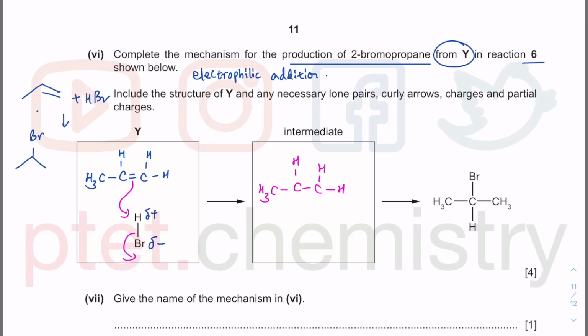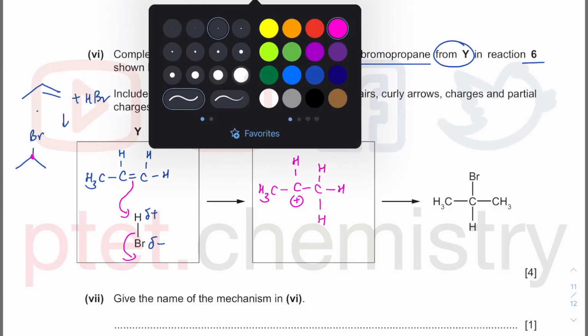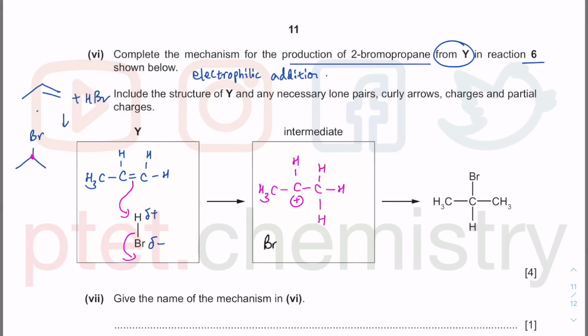I want to get 2-bromopropane, so I want the plus to be on carbon number 2, because we are going to form that particular product later on. As the Br now is a negative charge, it has a lone pair, and the lone pair attacks the carbon. The lone pair doesn't attack the positive charge, it attacks the carbon with the positive charge, rich in electrons attacks the poor in electrons.